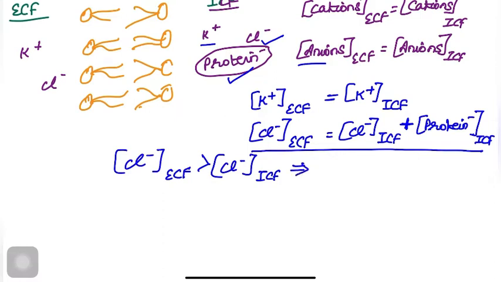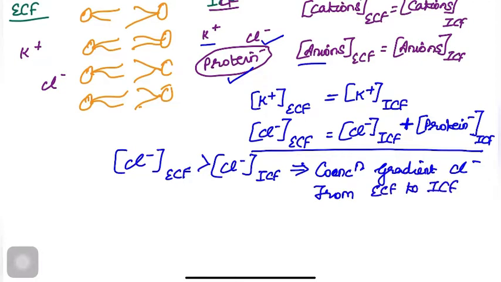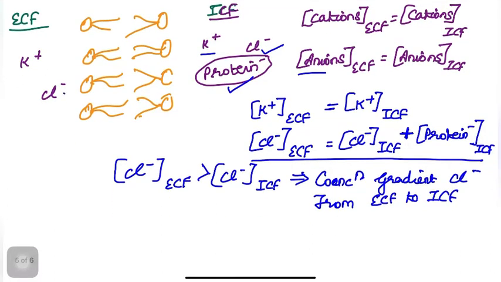If the chloride concentration of ECF is greater than that of ICF, there occurs a concentration gradient for chloride from where to where? From ECF to ICF. As there is a concentration gradient, this causes movement of chloride from extracellular fluid to intracellular fluid.